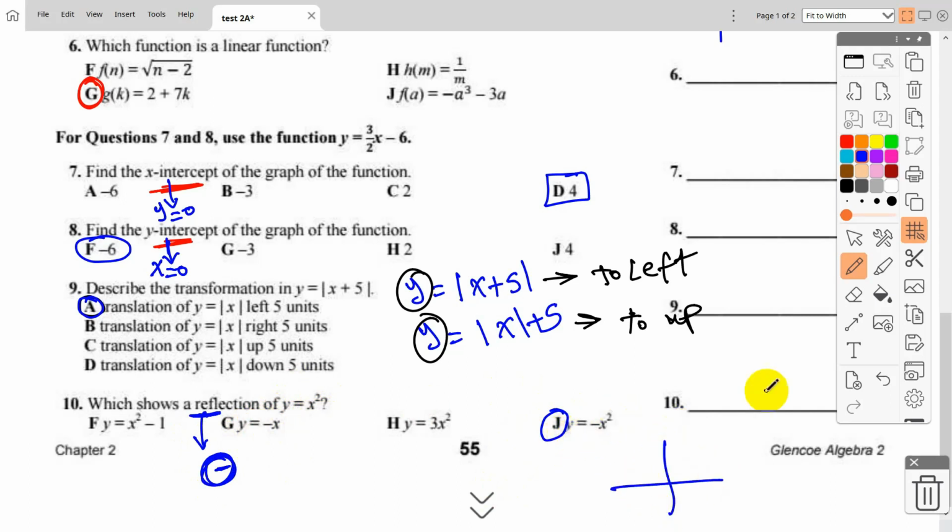If this is the parent function y equals x squared, the reflected one on the x-axis will be like this. This is y equals x squared, but this one is y equals negative x squared. It's a reflection on the x-axis.